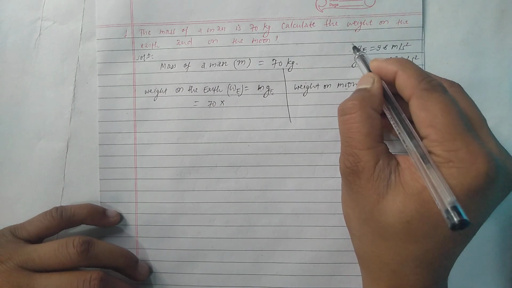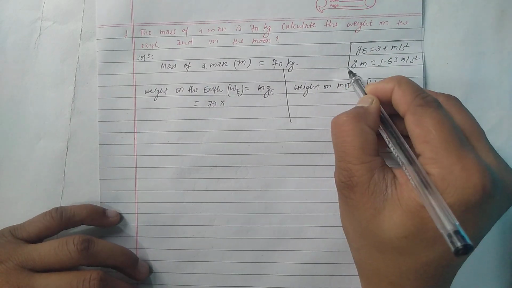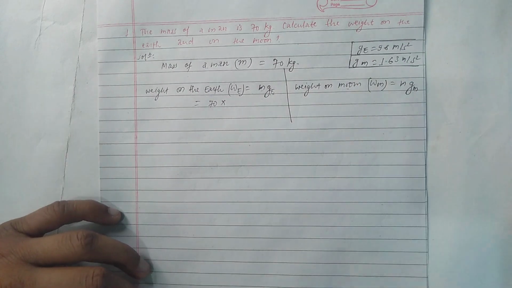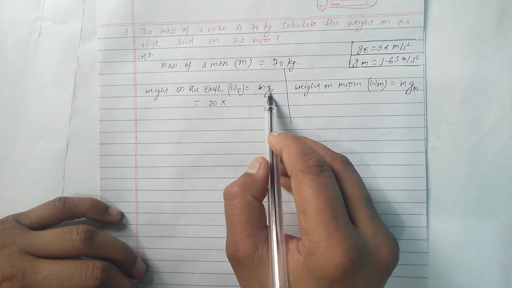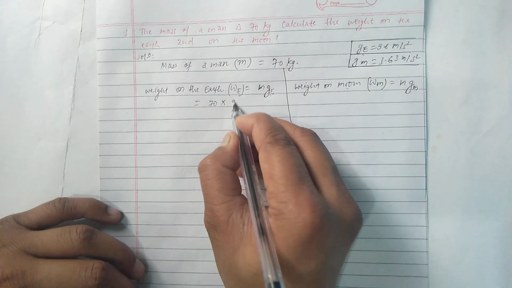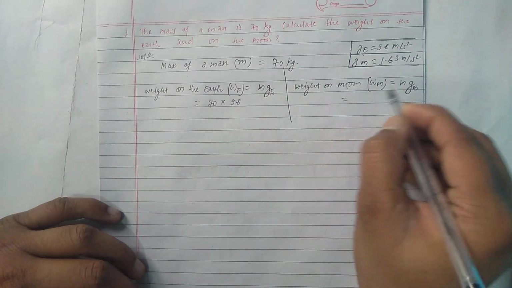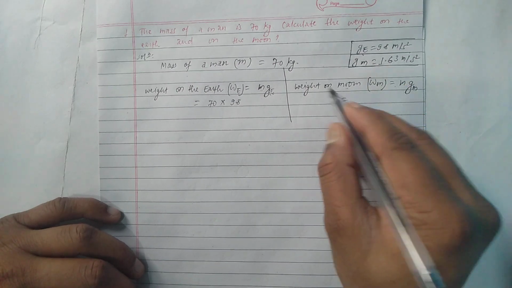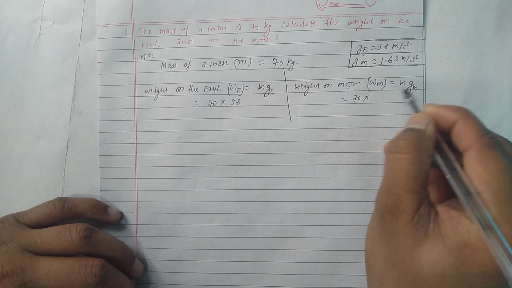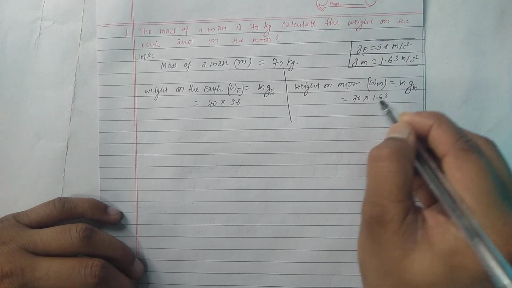Okay, so we have to keep in mind and remember these two values. The value of g for earth is 9.8, but for the moon the value of g is 1.63. So we have to take mass 70, value of g equal to 1.63.